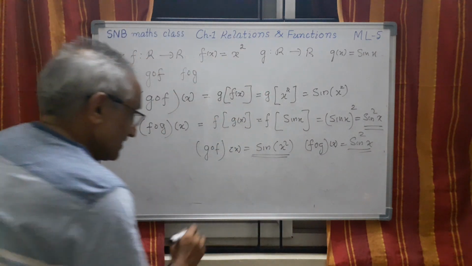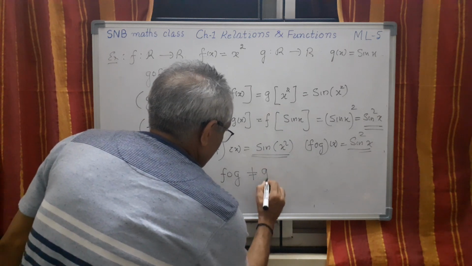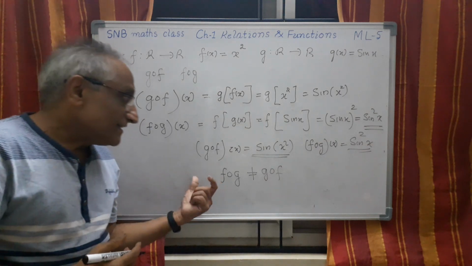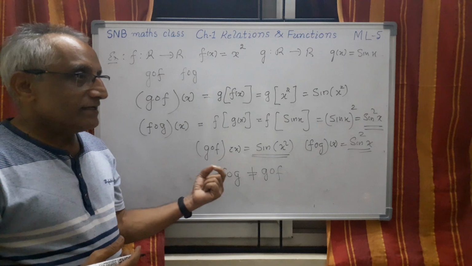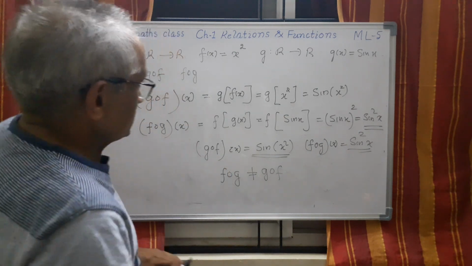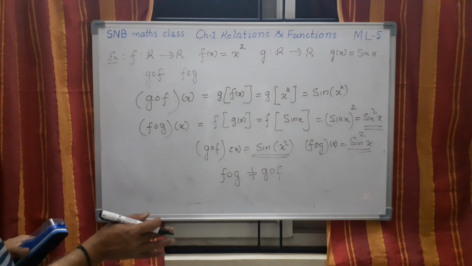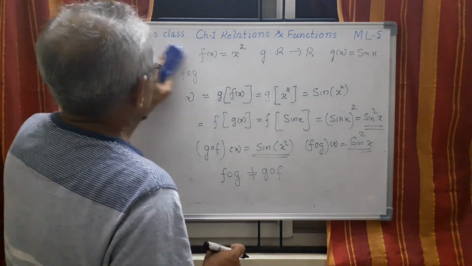Therefore, definitely we can say f of g is not equal to g of f. So that means you can't interchange them. They are not commutative. This is a very important result which you have to remember. So composite functions are not commutative. That means you can't interchange them. If you interchange, you get a different function. So let us take a few examples.